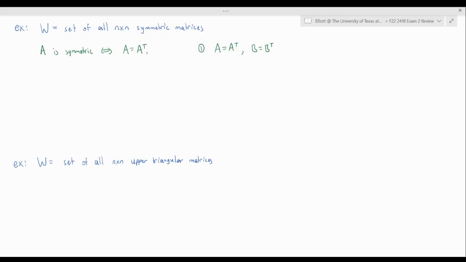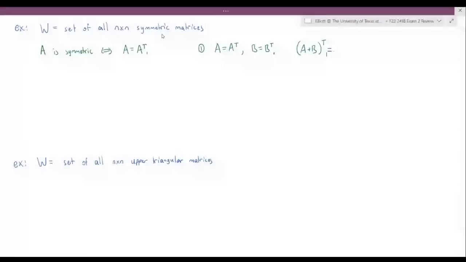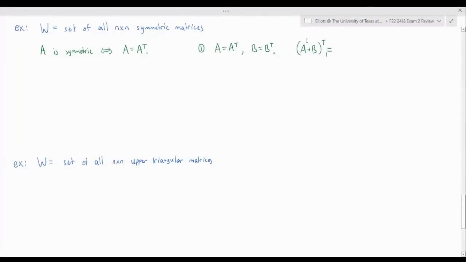So if we add A and B to get A plus B, and if we try to transpose the sum, one of the properties of transpose is that with an expression like this, you can distribute the transpose to each term of the summation, so that this is the same as A transpose plus B transpose.